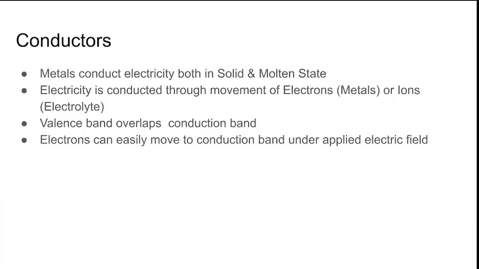Mercury. Correct. Somebody said bromine. Is bromine a metal? No, sir, it's a non-metal. It is a halogen. Which group is it? 17.